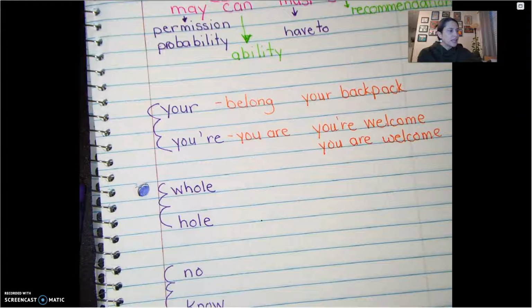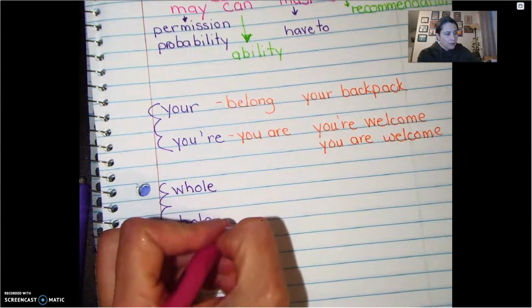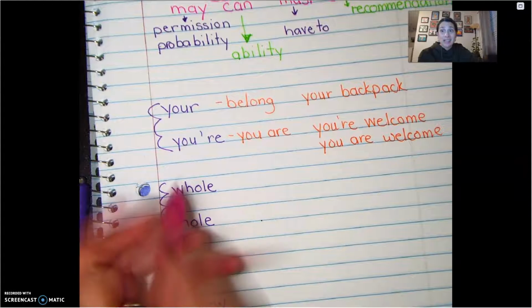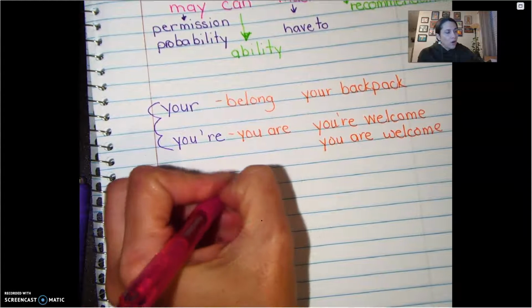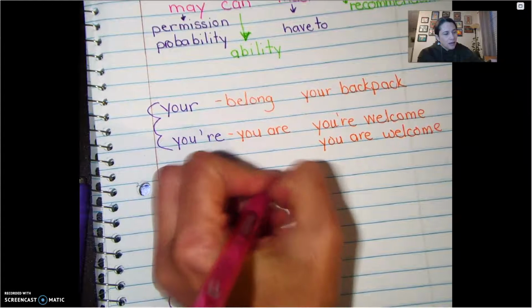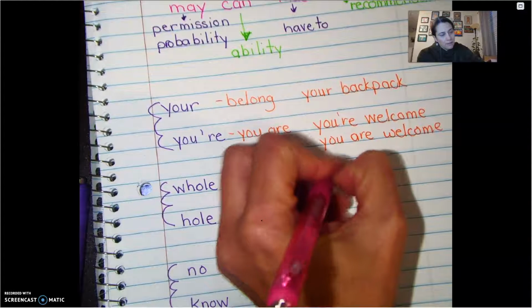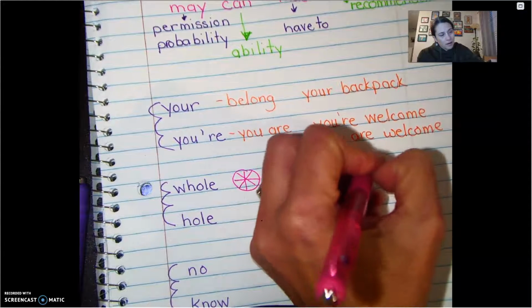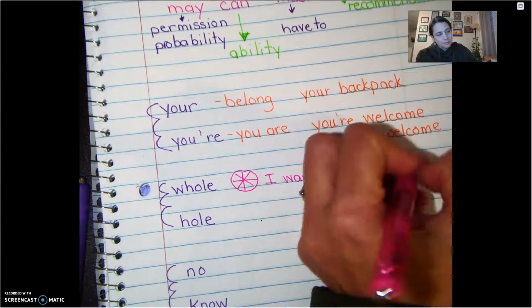Okay, now this next one, whole. This is like the hole in the ground. This is like the whole pizza. So I want to eat the whole pizza. Here's my pizza. I want the whole pizza.